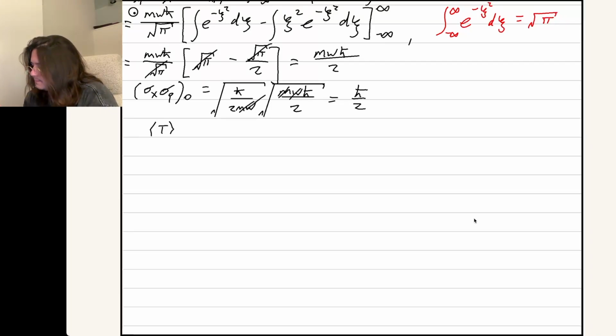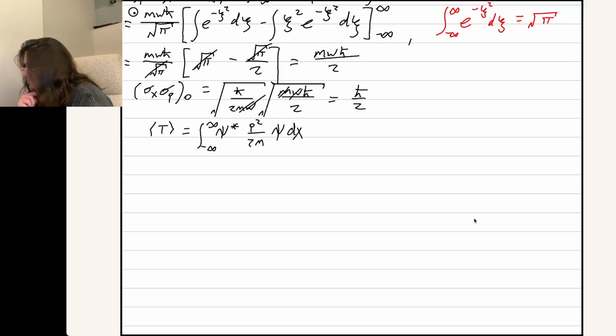If we wanted to calculate the expectation value of this, it wouldn't be that hard at all, because it's just p squared over 2m. That's the kinetic energy operator. This is for general states. But if you already have the expectation value of p squared, then that's what this is. It's 1 over 2m times the expectation value of p squared.